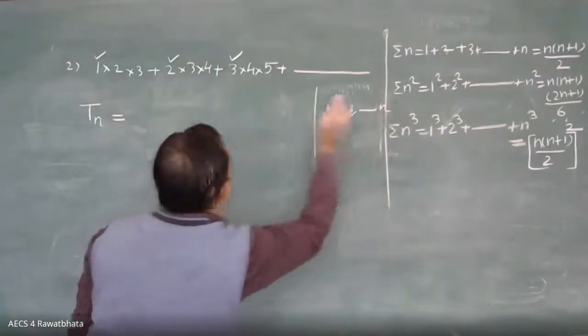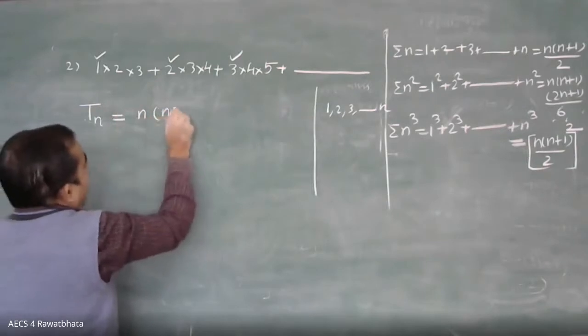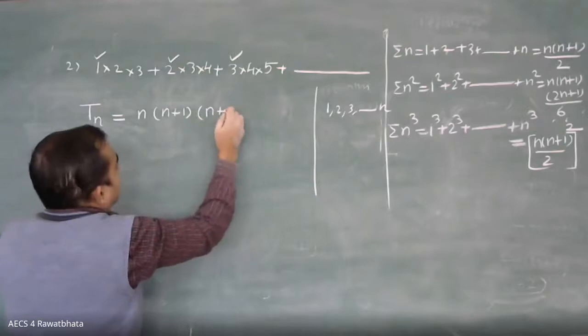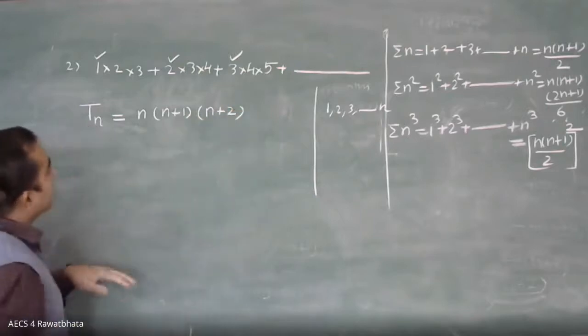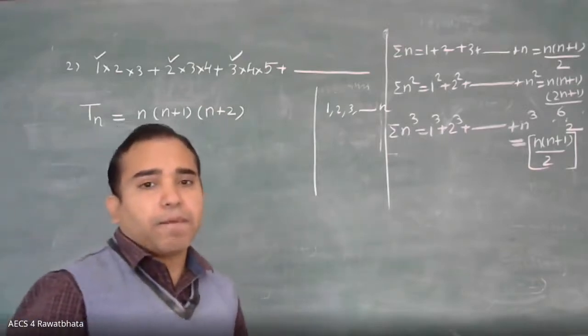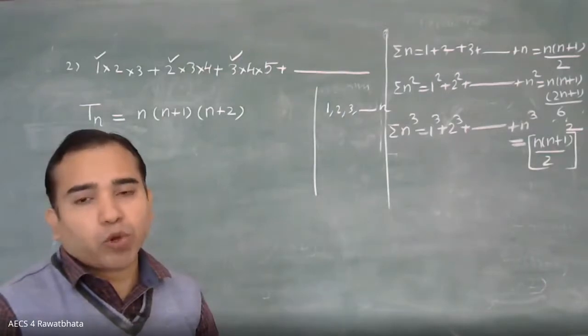Its nth term is n. So the first factor I have written. The next factor is just one more than the first factor, n plus 1, and the third one is just one more than this, n plus 2. This is the nth term. What next should I do, students? Speak, speak.